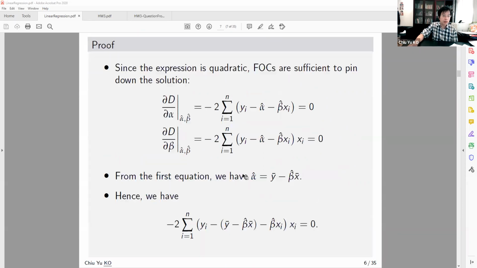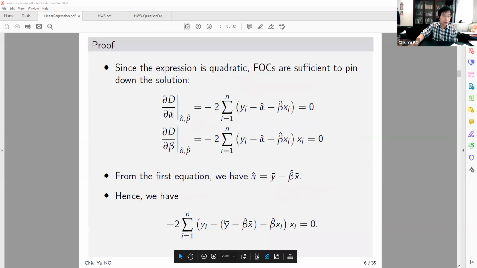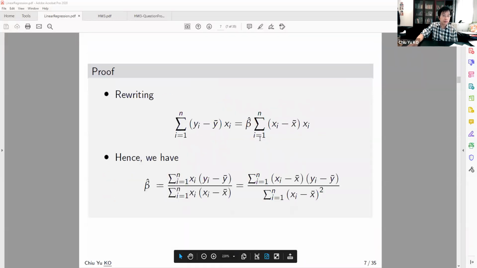Here is where we separate them. Put this y on one side, x on the other side, so that we will have this one. And now we can put the beta down. It is basically making beta the subject, right?